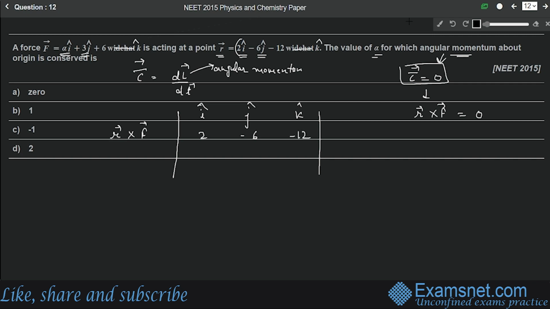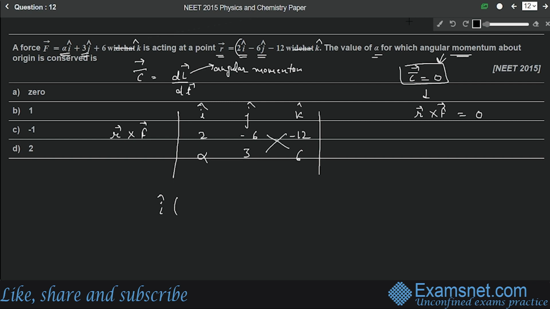Similarly for force, it is alpha i cap, so the x component is alpha, then 3 for j cap and 6 for k cap. Now how do we find the cross product? First, for the x component, we write i cap and hide the i column, then cross multiply the j and k columns.